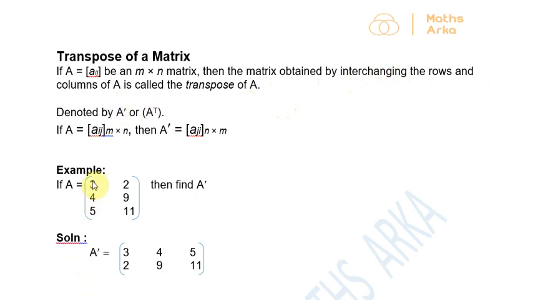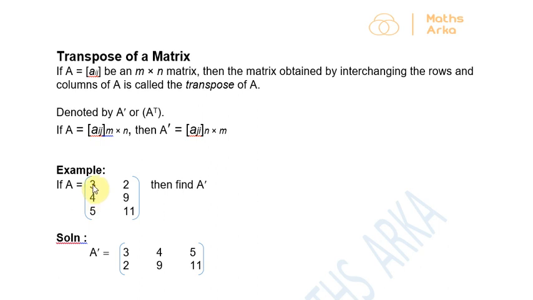So this is one of the matrix. Let's just take this example, and we need to find the transpose of A. Transpose of A is denoted by A dash or A T. And we just need to interchange the row and column. So whatever this one is, one of the columns, we need to make it first column, change it to first row.